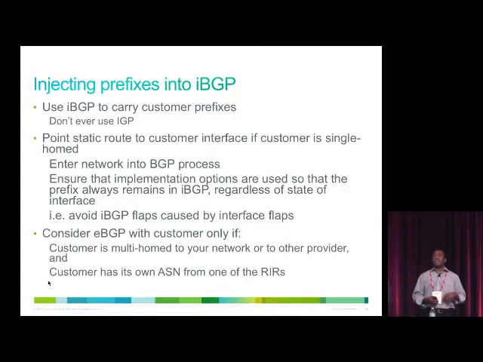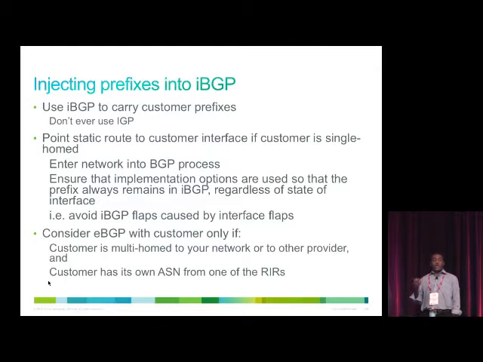If the interface to your customer goes down, your static route will also go down, and that will create a BGP ripple effect. To avoid that, you can use a static to null with a higher distance so that the customer prefix still remains in the BGP table even if the connection to the customer goes down. That improves stability in your network.